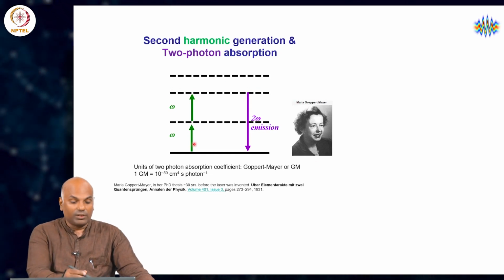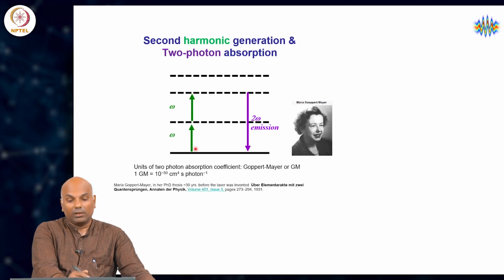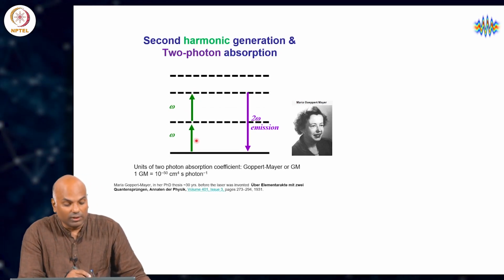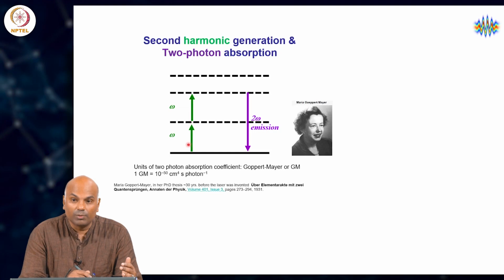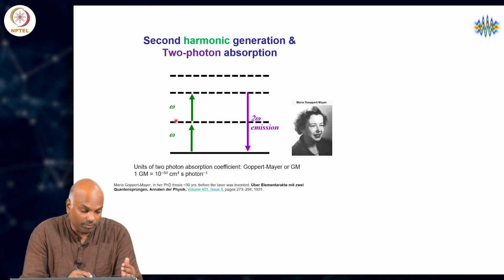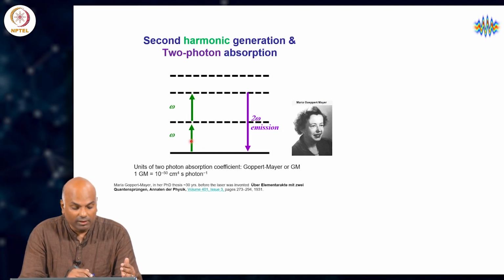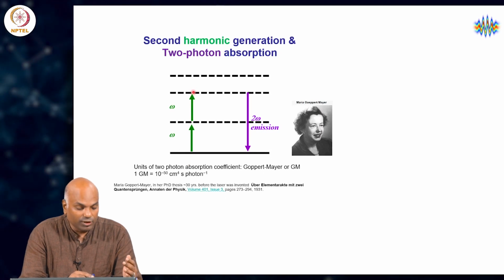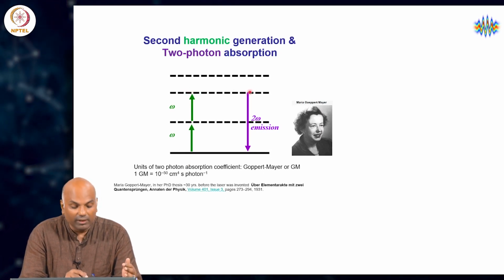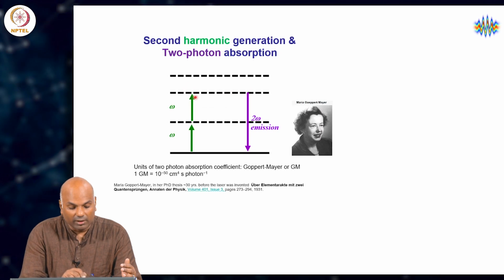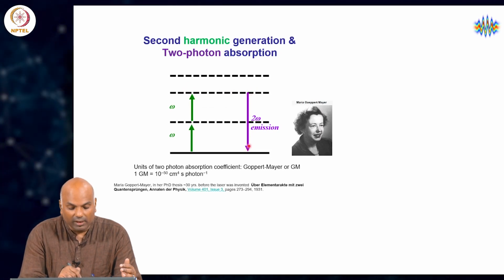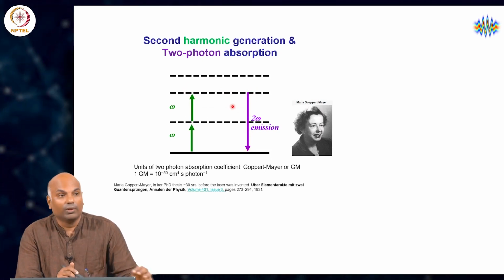An upward two photon transition is made, where by two photon transition we mean the simultaneous absorption of two instead of just one photon by an atomic center, right. And the system essentially lives very briefly, if at all, in this virtual state, and it decays emitting just a single photon of 2 omega.